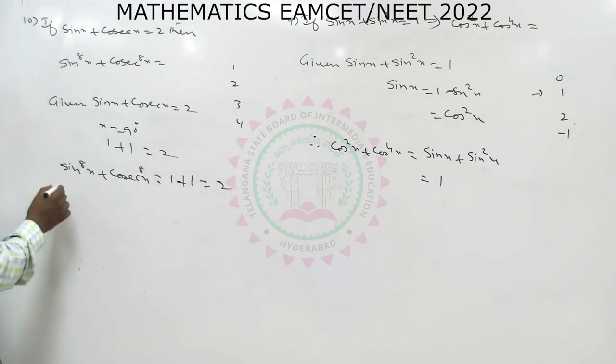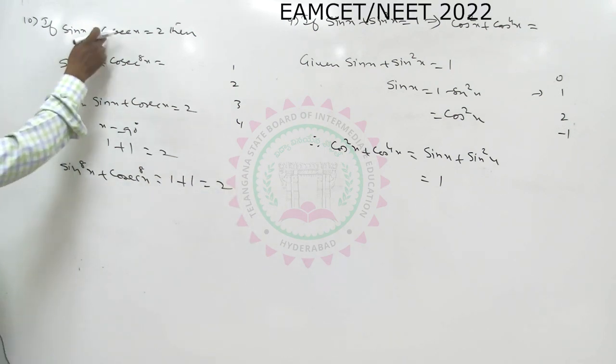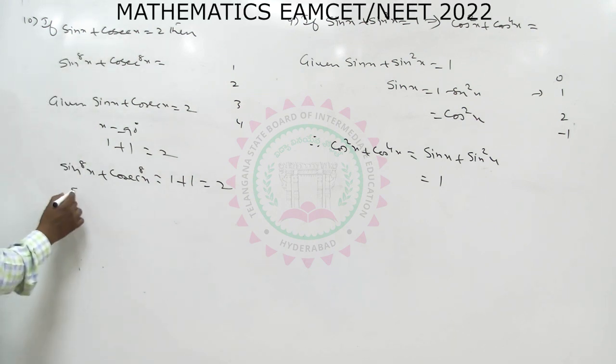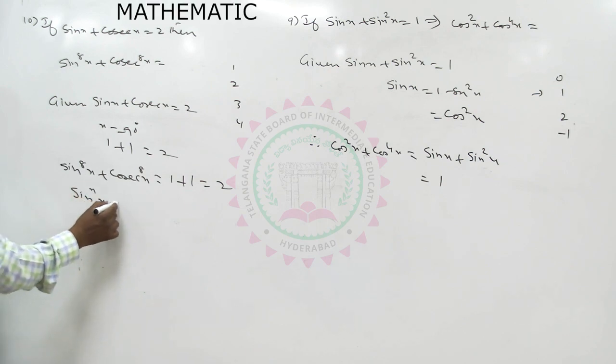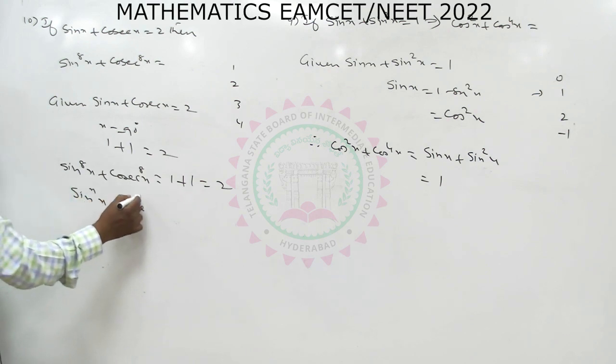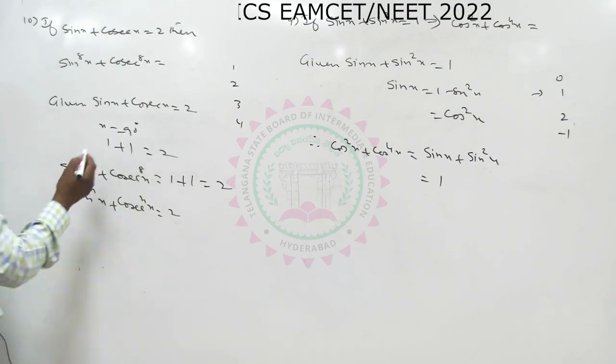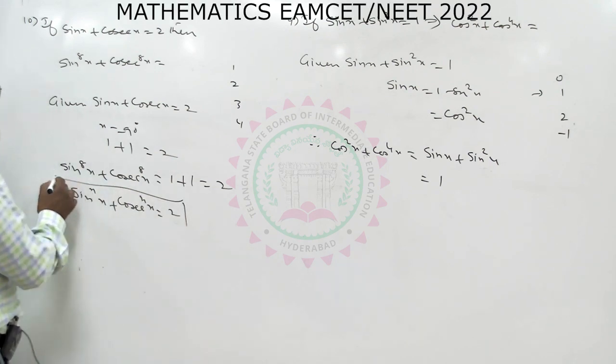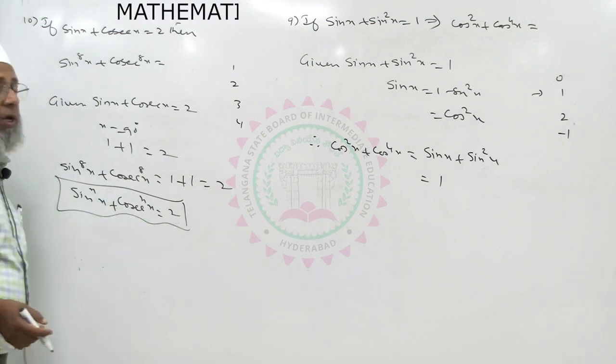Whatever the power of x may be, sin power of nx plus cosec power of nx is also equal to 2. So, this is also a formula you have to remember.